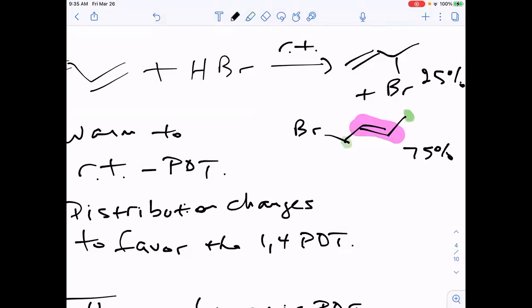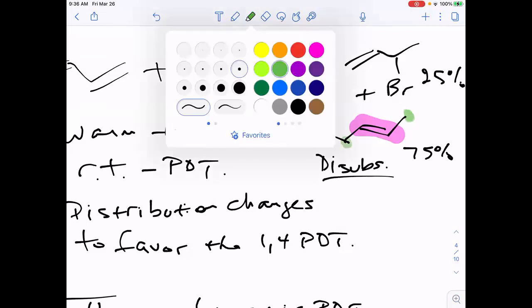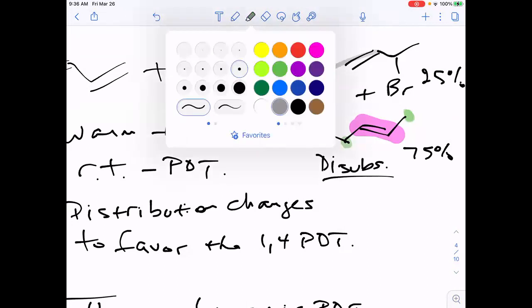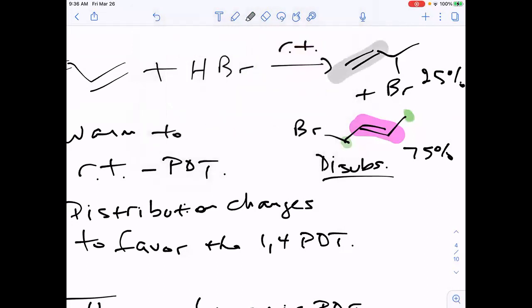So in this case, it is substituted. What about the one up top? What's the substitution on that one?